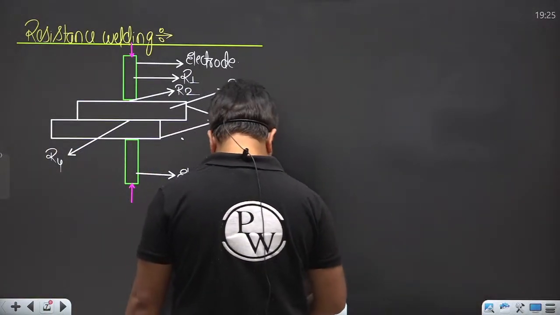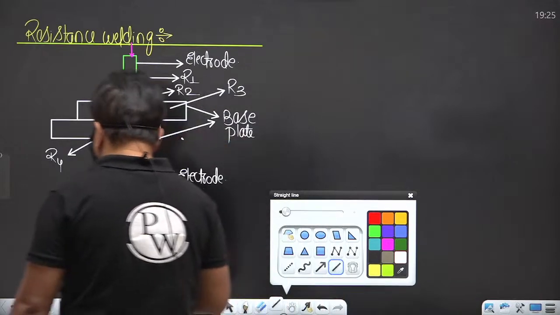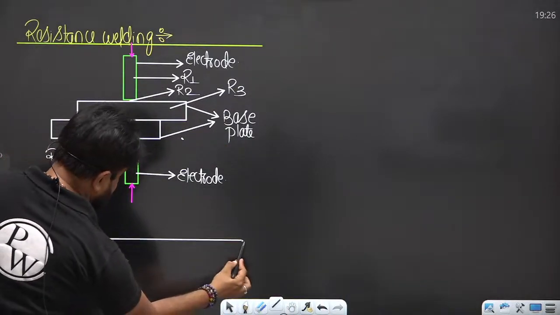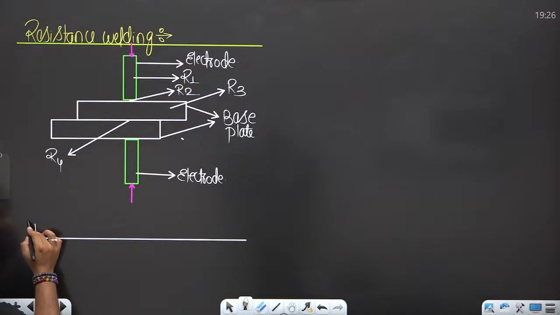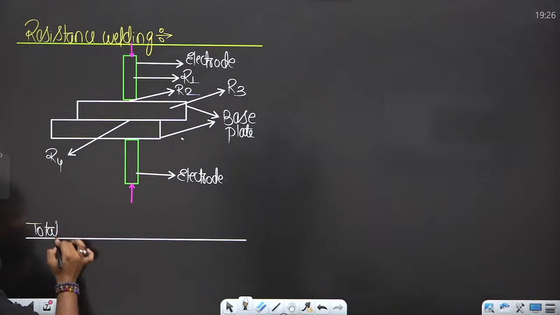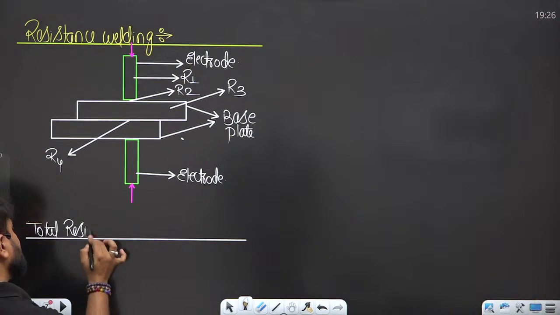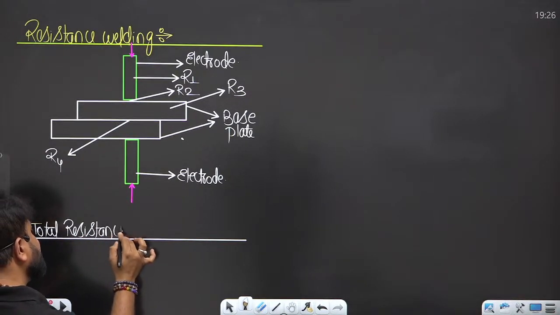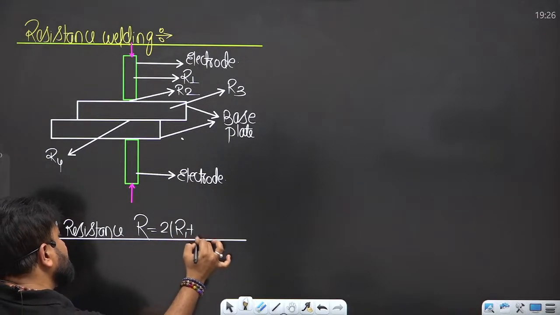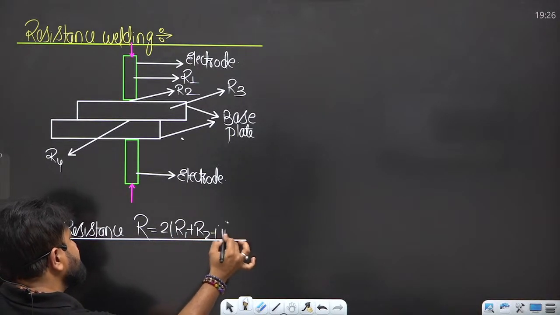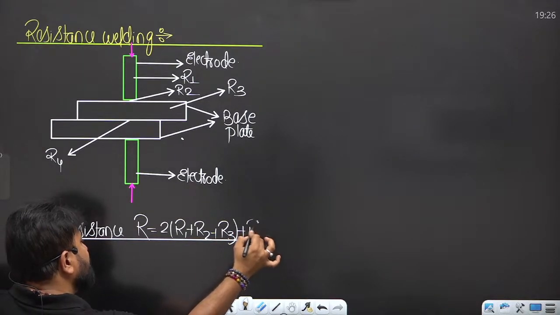So the total resistance R is twice R1 plus R2 plus R3 plus R4.